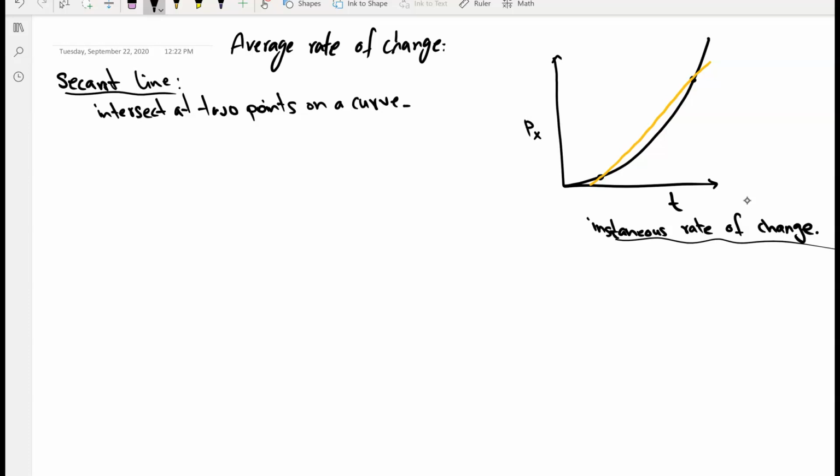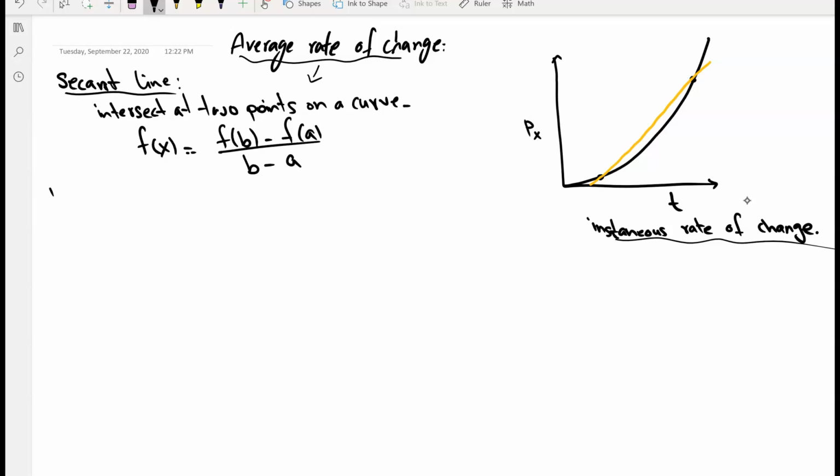Now the formula of the secant line you can write down as f of x equals f of b minus f of a over b minus a. Okay, this is the formula of the secant line. This is also the formula of average rate of change. They both are the same thing but different topics.